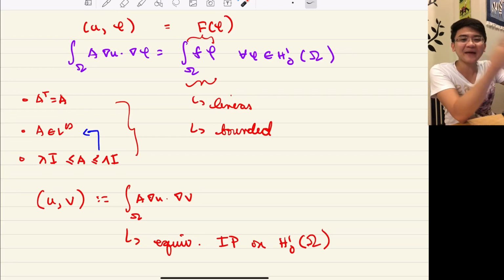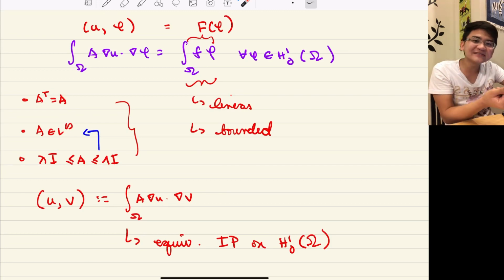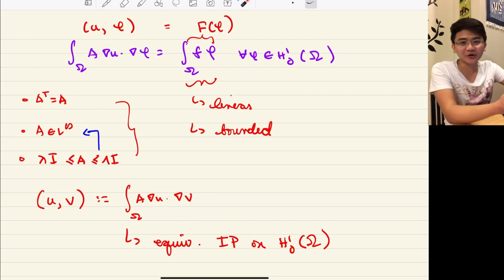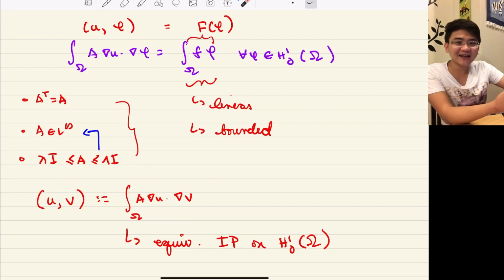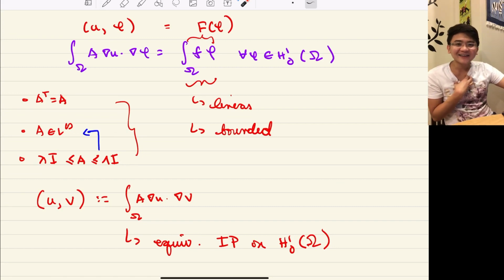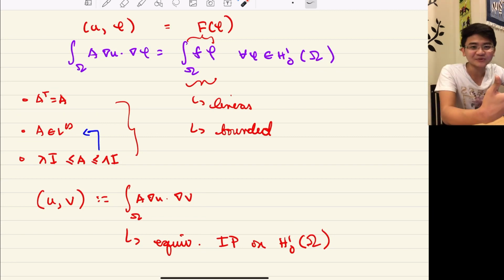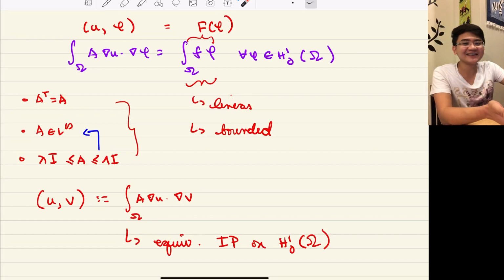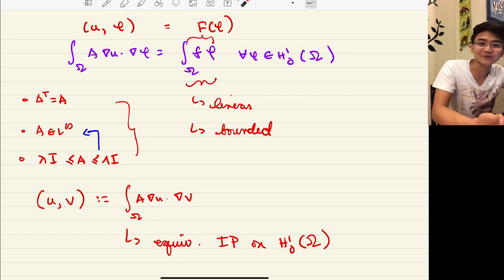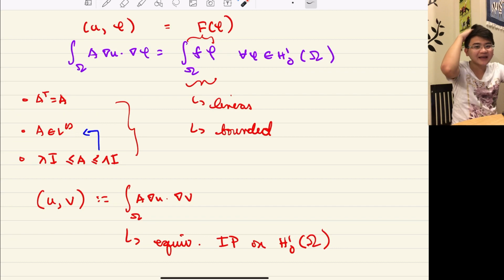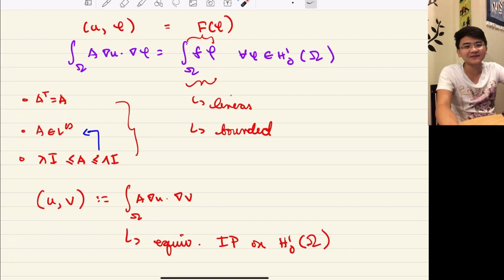I am paying by losing one order of differentiability from u. And what I get from that is that it makes it easier for me to prove that a weak solution exists. So now the hard work is to show that in fact a weak solution is a classical solution, and it would heavily rely on estimates and stuff like that.